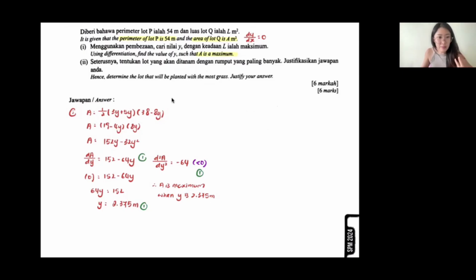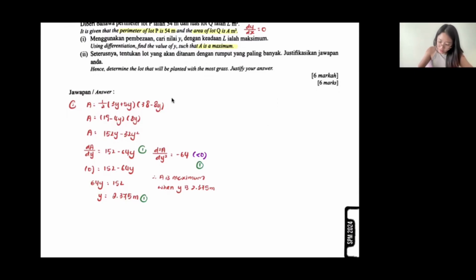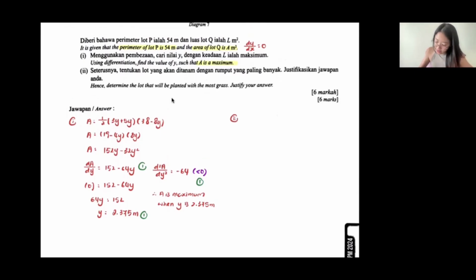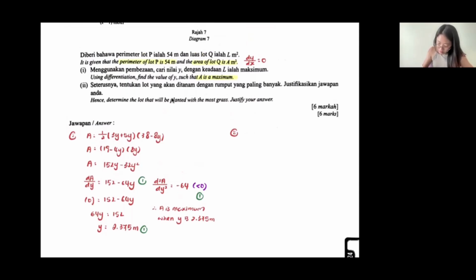Then number 2, hence determine the lot that will be planted with the most grass. Justify your answer. Let us find the area of Q first. Area of Q will be this one, and you substitute y over here. So 152 times 2.375 minus 32 times 2.375 squared.